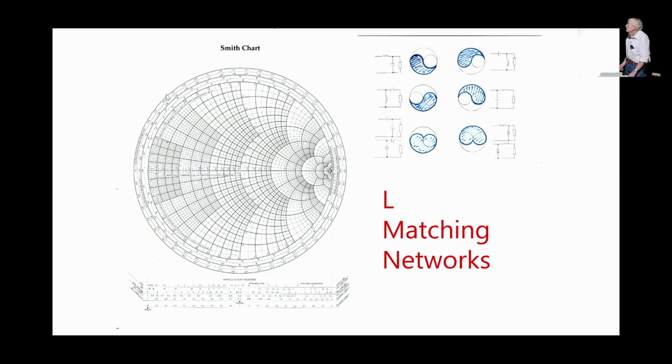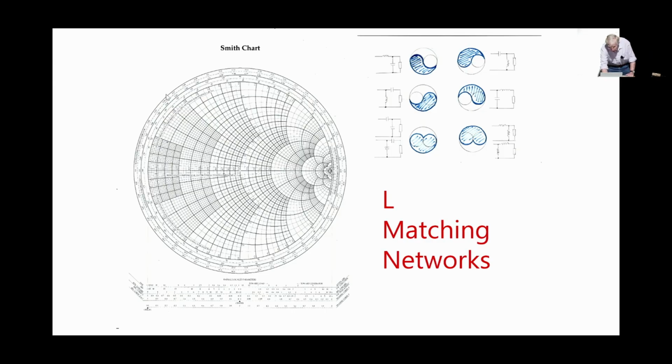You can see there all the different possibilities of either series C and shunt L, or series L and shunt C, or parallel C or parallel L, etc. All the different options of producing a match to the little rectangular thing which is your load.